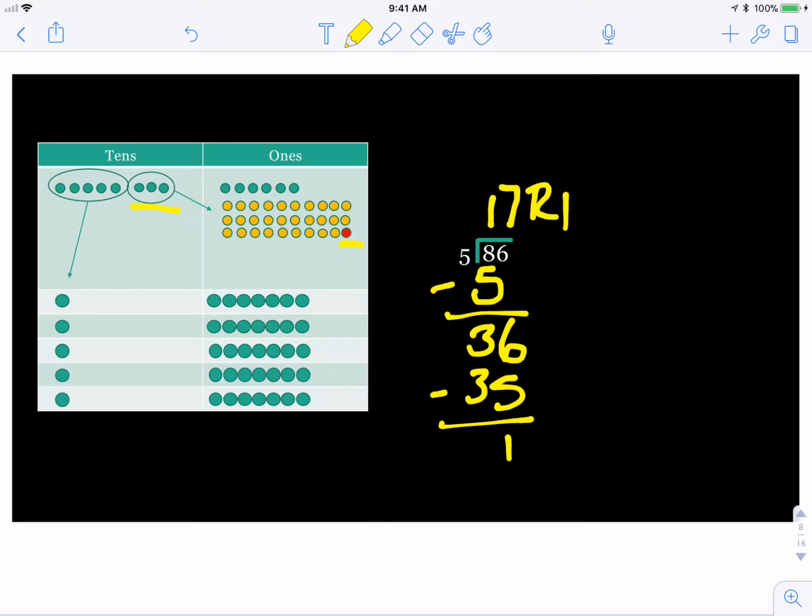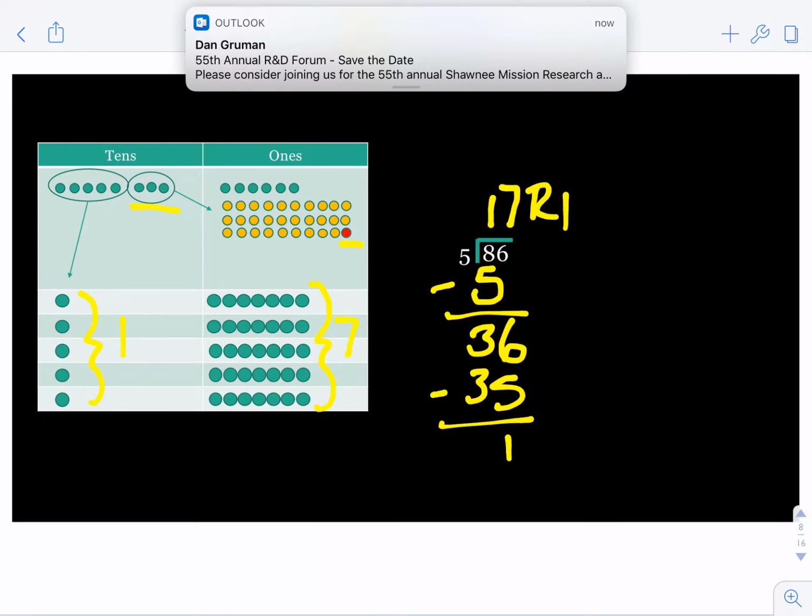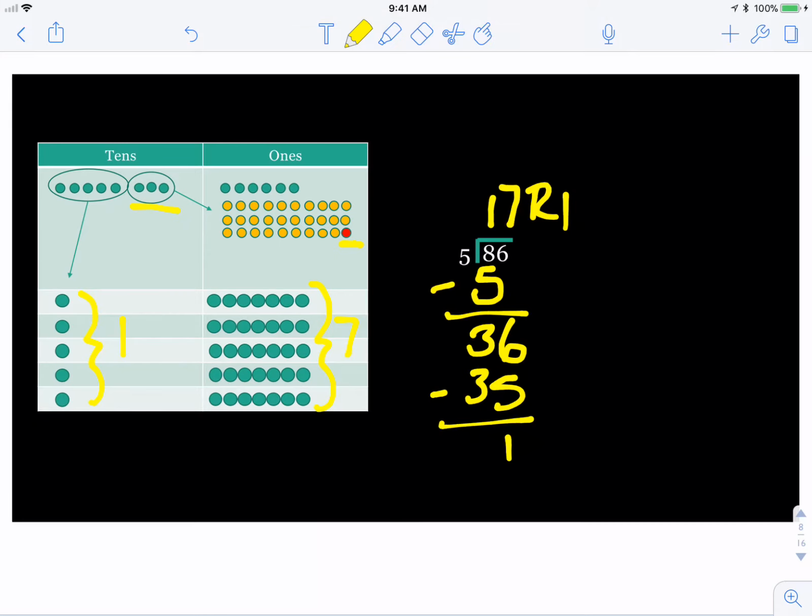If you notice, each row right here has 1. Each row right here has 7. And we have a remainder of 1. So let's check our work to see if we're correct. 17. Our quotient is 17.